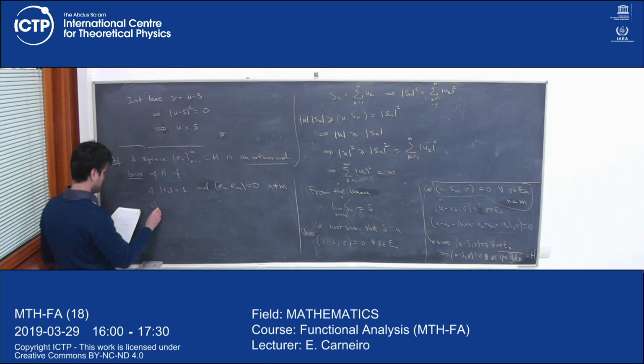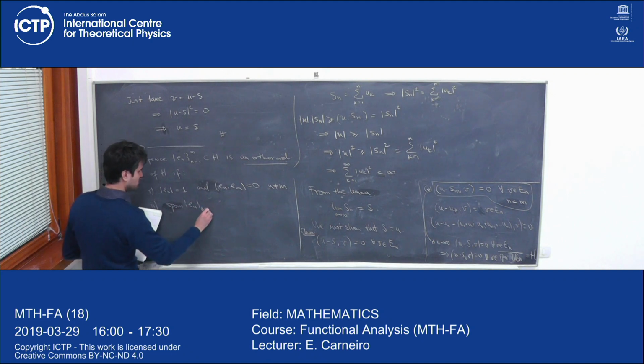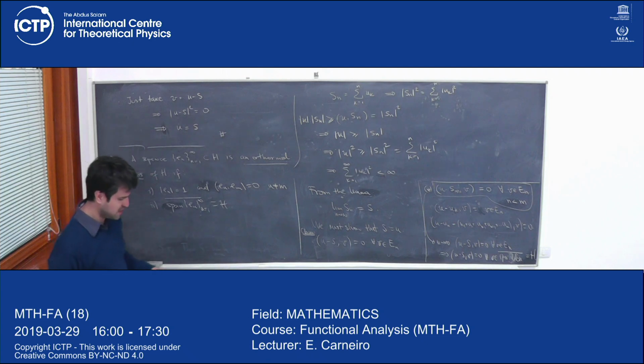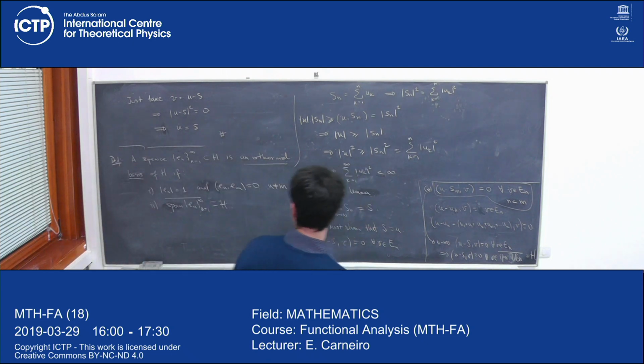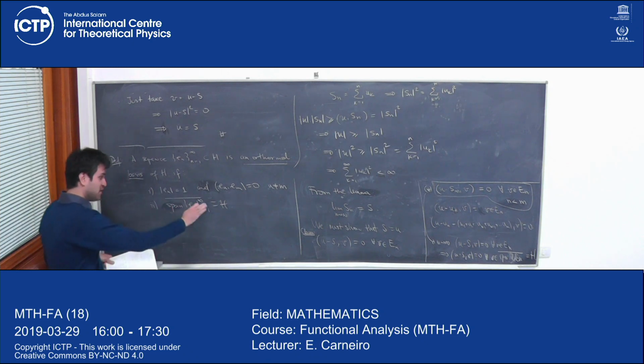And second, the closure of the span of the Ens, n going to infinity, is H, that is, the span is dense in H. Okay, so I'm going to say that this is an orthonormal basis of H if this happens. Each guy has norm 1, they're mutually orthogonal, and their span is dense in H.